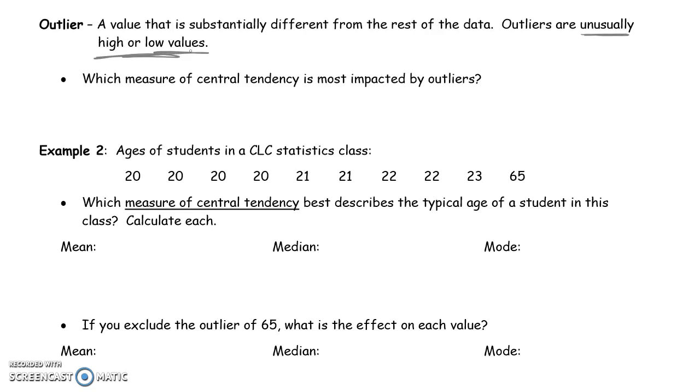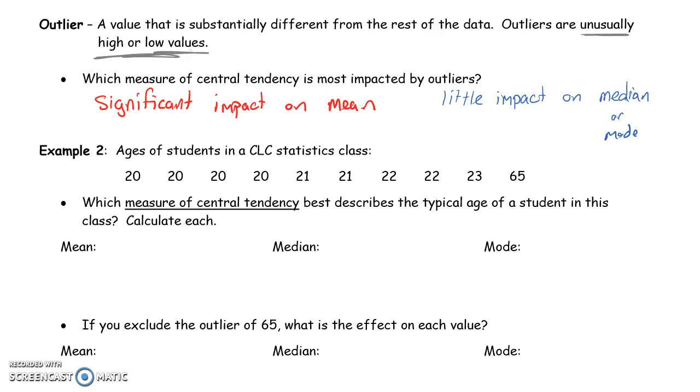It really can skew the mean, but it doesn't have a significant impact on either the median or the mode. The mean is the average, so it's going to have a big impact when there's a really big or a really small number. But it doesn't matter how big or how small that number is, the median will still be in the middle and the mode will still be the most.